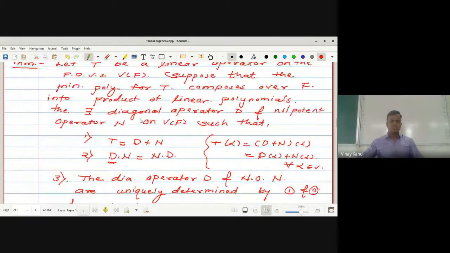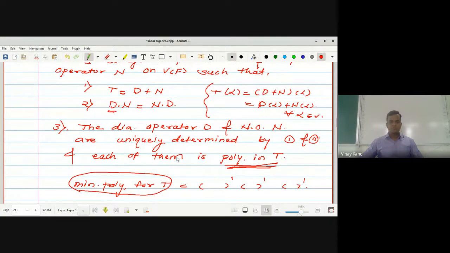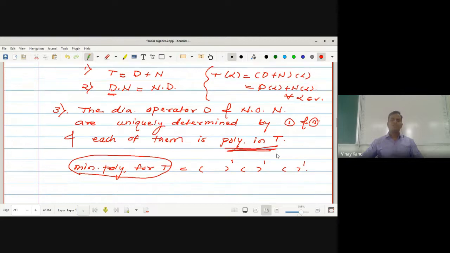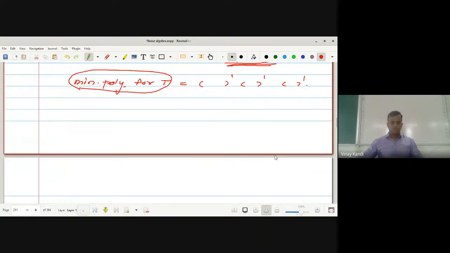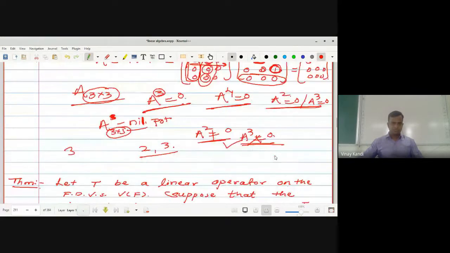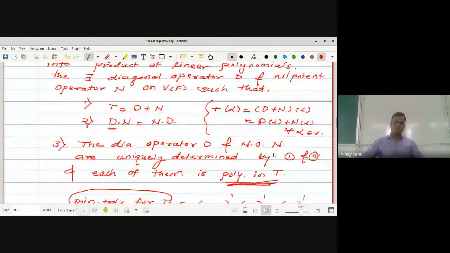Then there exist two operators D and N such that T is equal to D plus N, they commute with each other, and the third one is they are unique. And the nature of D and N is polynomial in T. Okay, any doubt up to here?